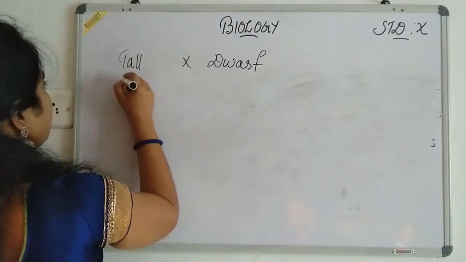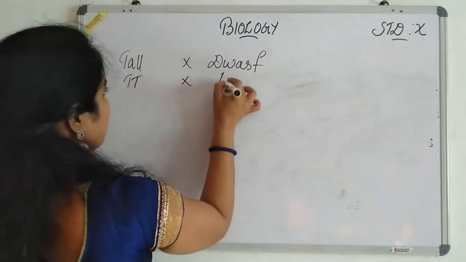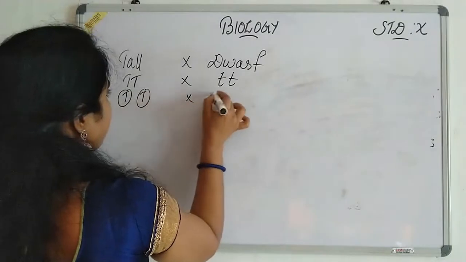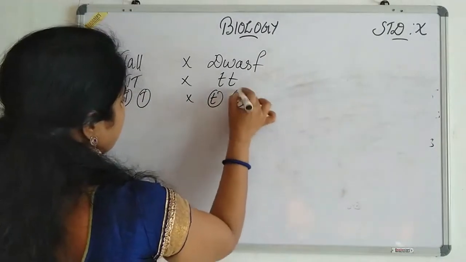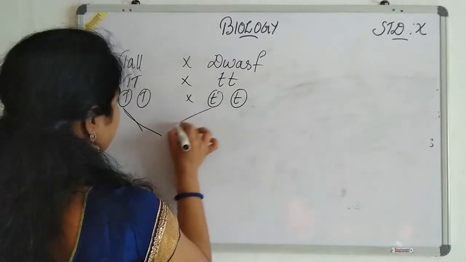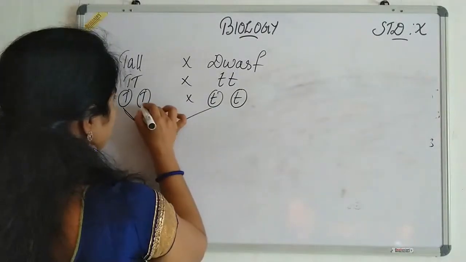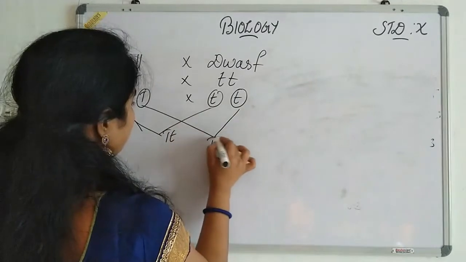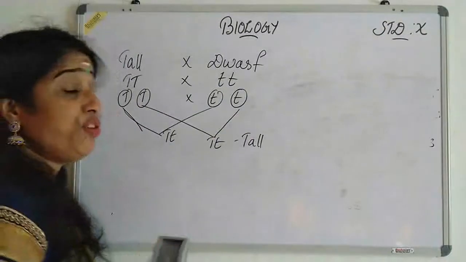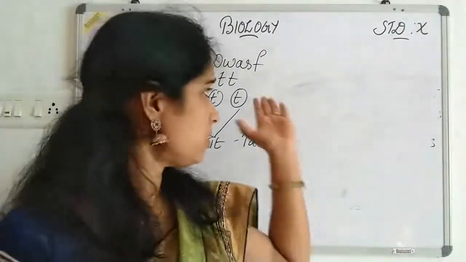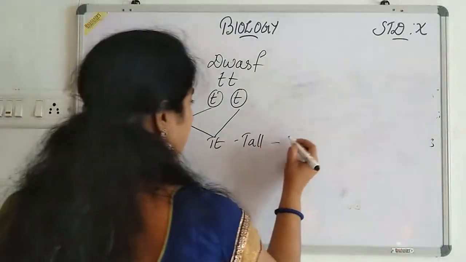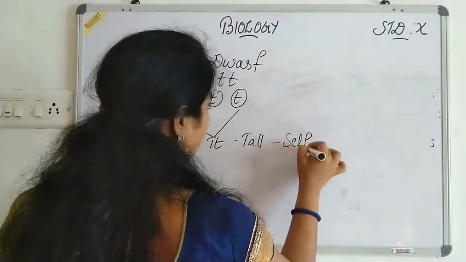You know, capital T, listen carefully, small t, and you know that two gametes are formed. Clear? Then capital T, small t. Here also the same thing, capital T, small t. So it is the tallness. Clear? So he wanted to find out what happened to the dwarf because dwarfness is already there. And what did he do? He allowed the plant to do self-pollination.